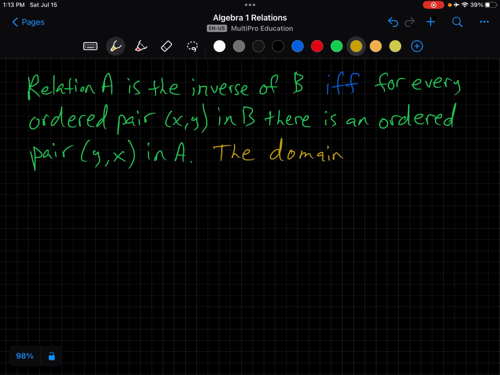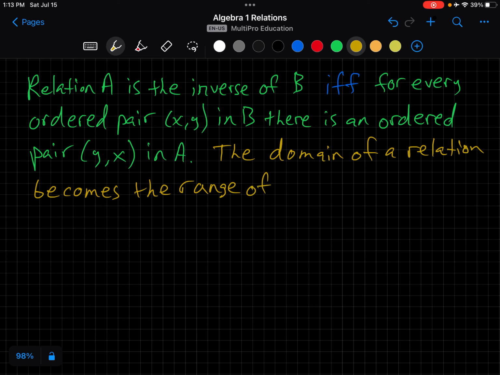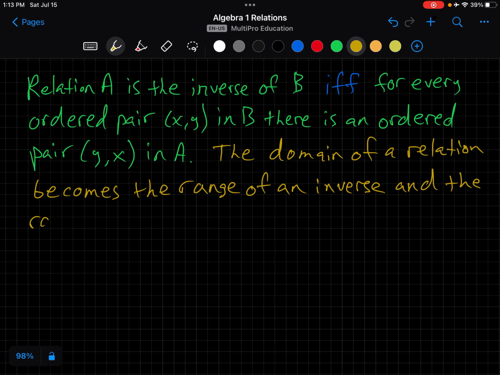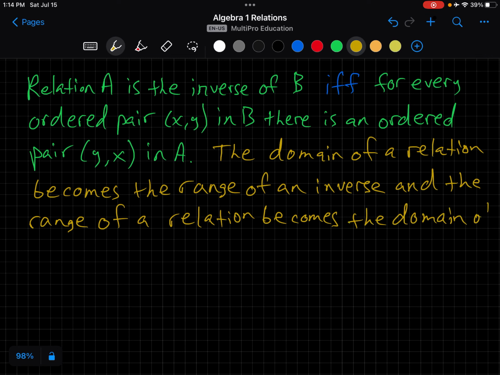The domain of a relation becomes the range of an inverse, and the range of a relation becomes the domain of the inverse.